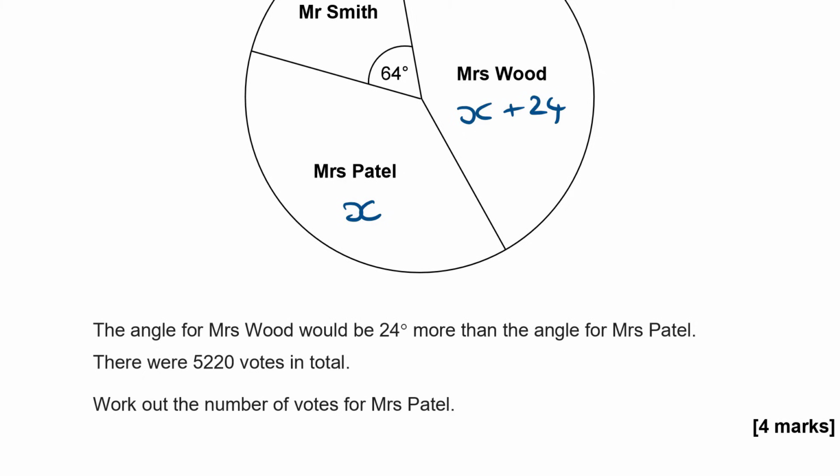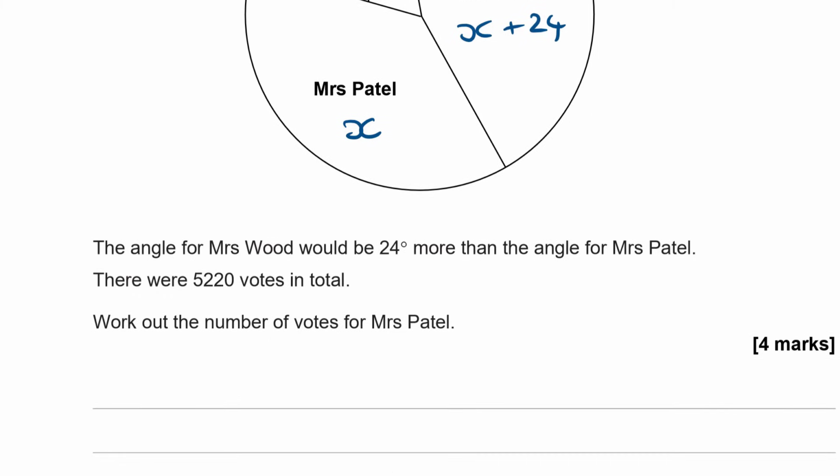Okay, and so all of those added together is going to give me 360 degrees, which is the total number of angles in a circle. So I can write that down then. So my 64 plus my x plus my x plus 24 must be equal to 360 degrees.